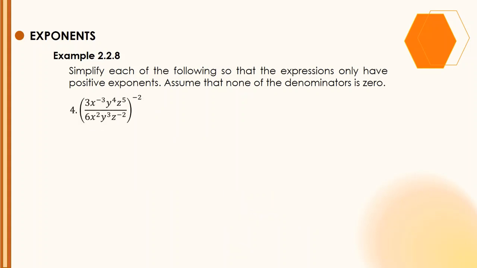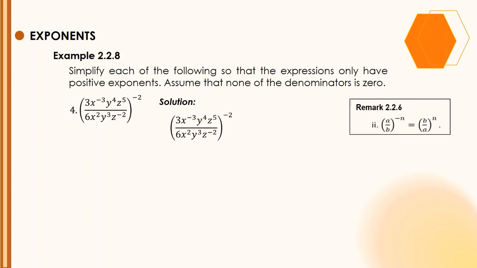Number 4 is this one. 3x to the power of negative 3, y to the power of 4, z to the power of 5 over 6x squared y cubed z to the power of negative 2 quantity to the power of negative 2. Solution. So this one is equal to this one.